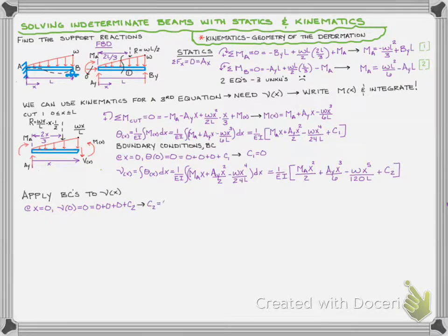I wrote plus, but it doesn't matter because C2 is still 0. But we also know at x equal to L, at B there, the displacement is 0. So when we plug in x equal to L, we suddenly get a useful equation, and we'll have M_A L squared over 2 plus A_y L cubed over 6 minus WL to the fourth over 120.